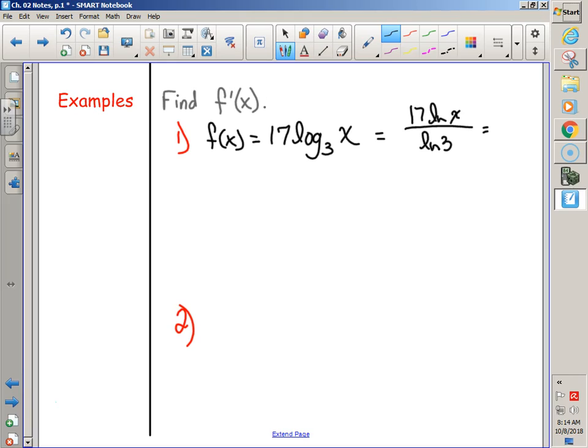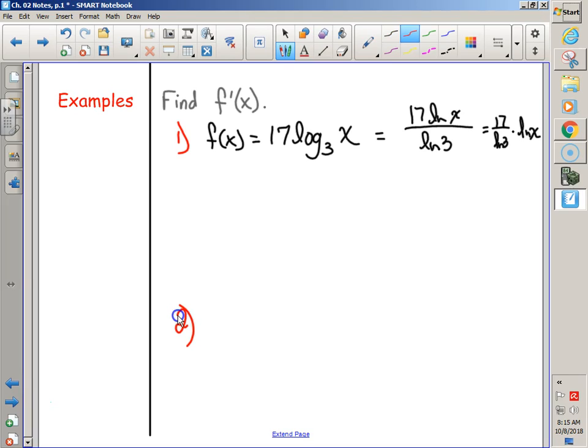Totally legal from the change of base formula, which I could rewrite as 17 over ln of 3 times ln of x. Because ln of 3, you could plug it in your calculator, it is a number. That's what I mean by change of base formula, ln of b is always a constant. It's always a constant. I need it, it's important, because it's the conversion from one to the other.